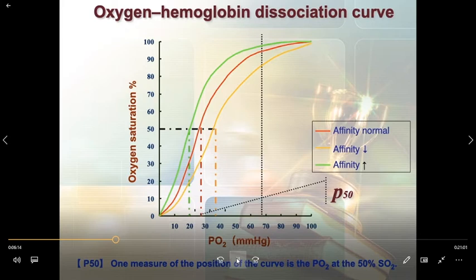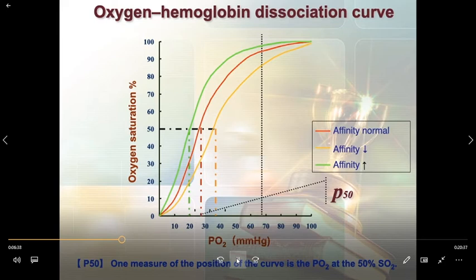At the lung end, if it's easier, more prone to dissociate with hemoglobin, it means it's difficult for hemoglobin to combine with oxygen, meaning fewer passengers get onto the boat to be sent to all the tissues that need oxygen.